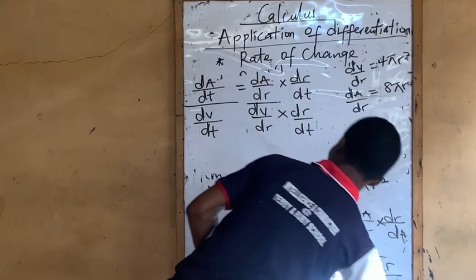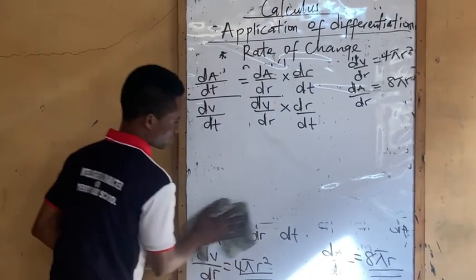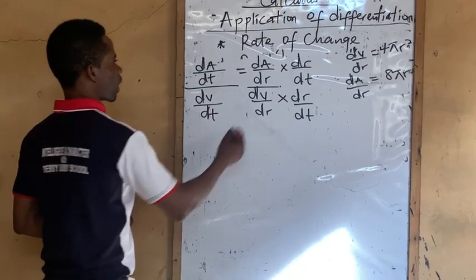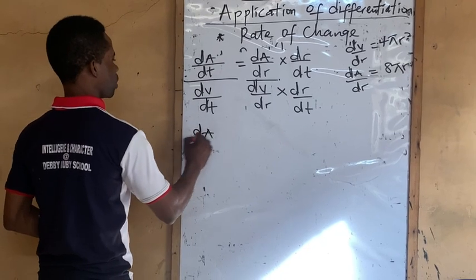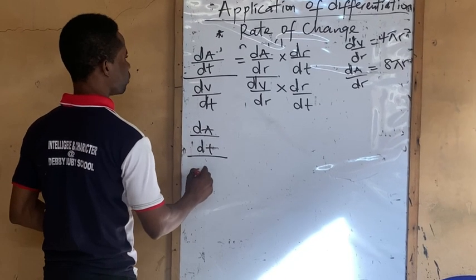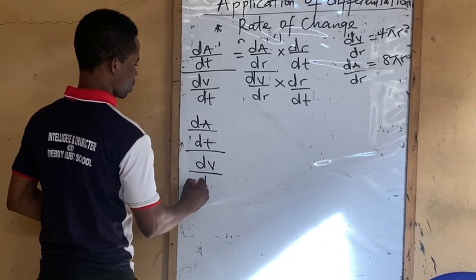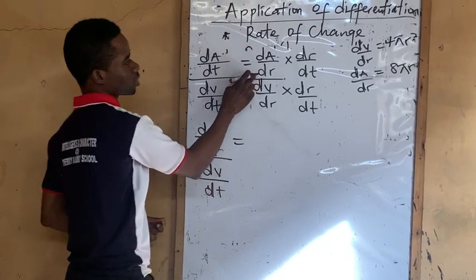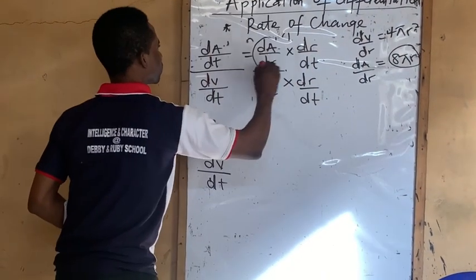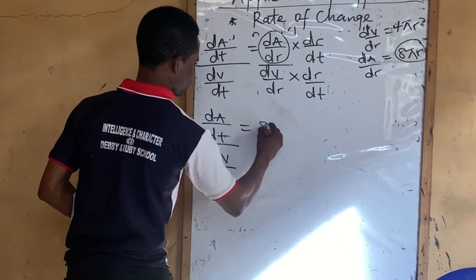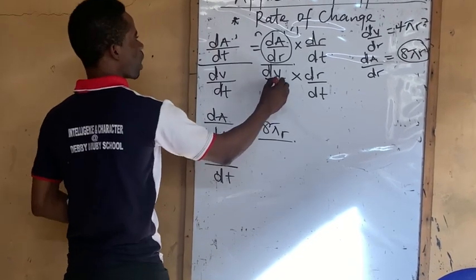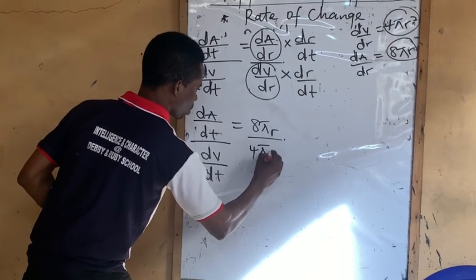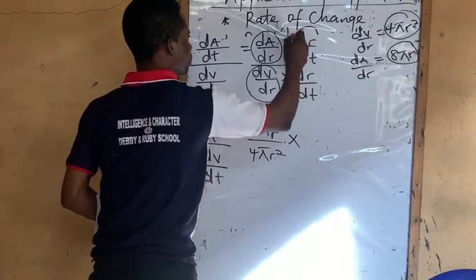Now, like I said, dA/dt all over dV/dt. My dA/dr gives me 8 pi r, and my dV/dr gives me 4 pi r squared, multiplied by this one that gives me 1.